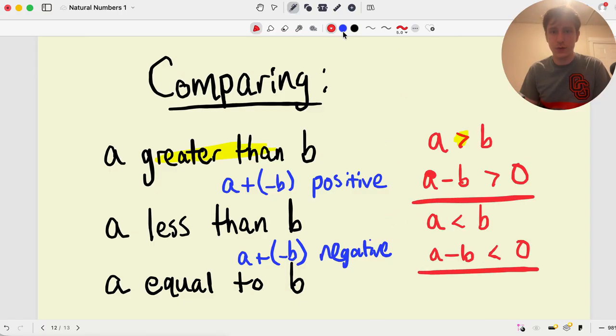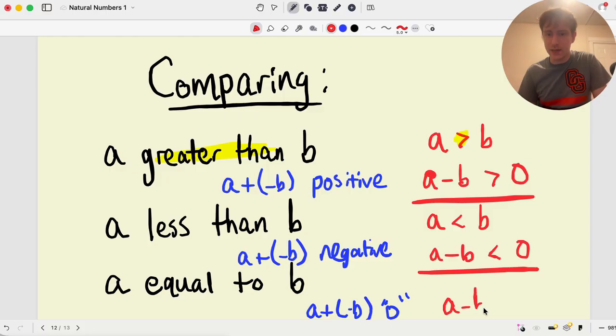Finally, if A is equal to B, what that means is that A plus negative B is going to be 0. It's going to be this identity element. So what we say for that is that A minus B equals 0, and this symbol right here is the equal sign.